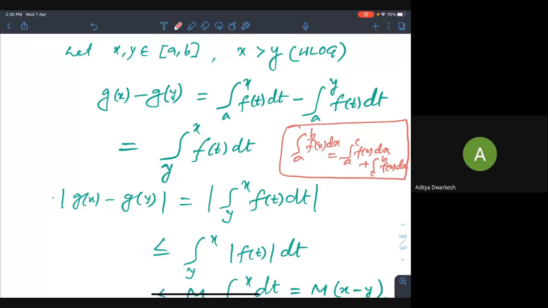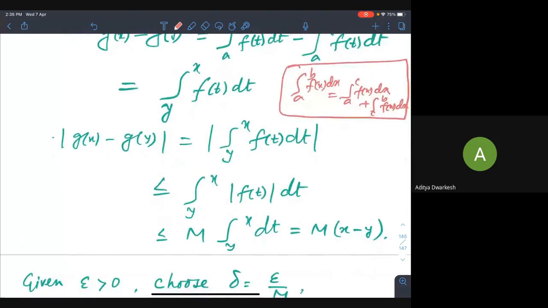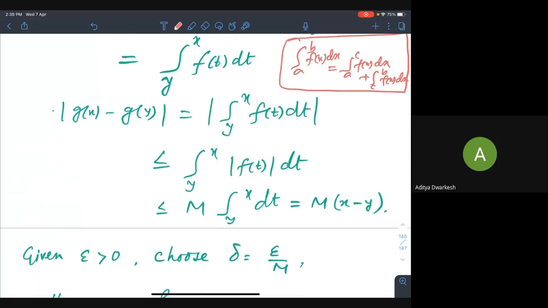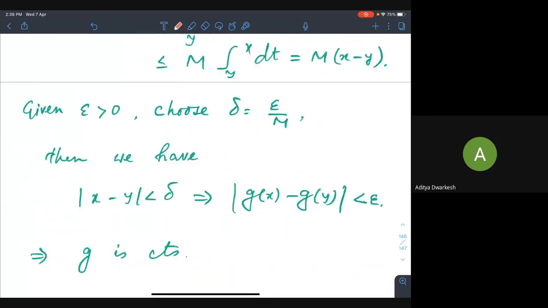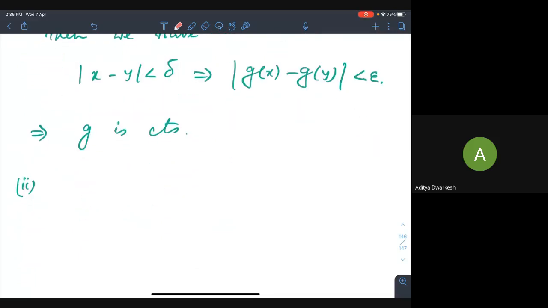We are using this one. So is the proof clear? Yes, sir. Right, so there is nothing much about the proof here.